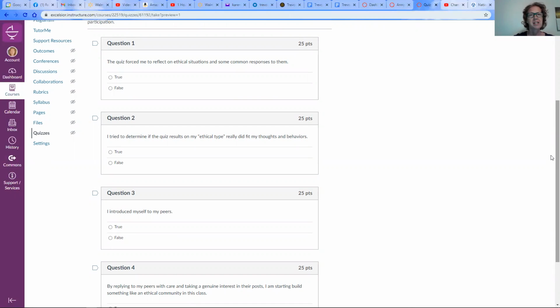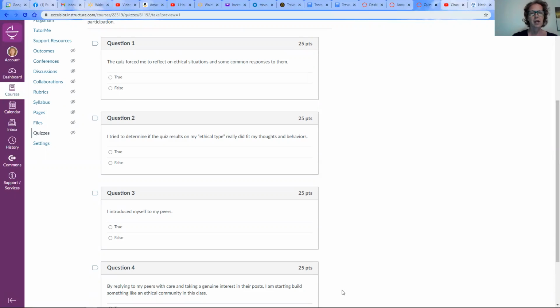I think you'll find them quite interesting. You'll probably find a lot of similarities and differences between yourself and your peers, and you may want to reflect on those to see how ethics plays out in not only your life, but in their life. That'll help you to understand the different ethical situations that people come across and how they may handle them differently.